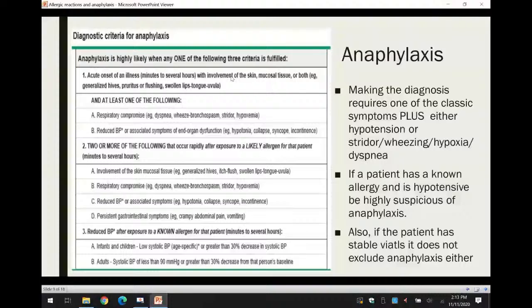She was getting it every 12 hours. So every time she got the dose, she would have this flushing of her skin, she would have nausea and vomiting, and no one ever put it together until I went down and saw her, and she had flushing that went all the way from her breast up her face, and it was itching, and then she was having nausea and vomiting. So that's technically enough to consider it an anaphylactic reaction to the medication.